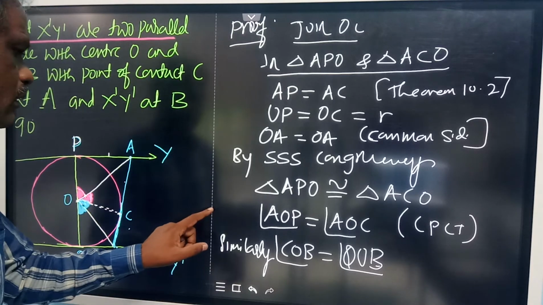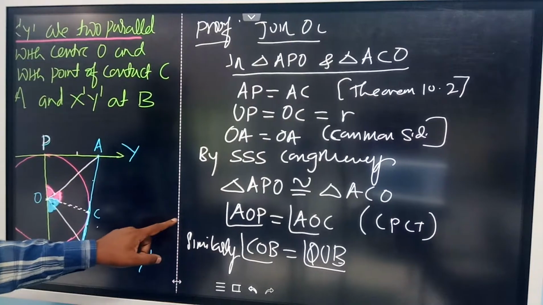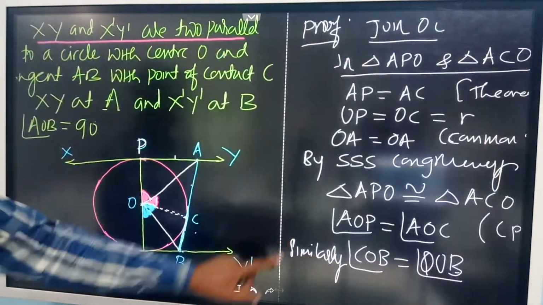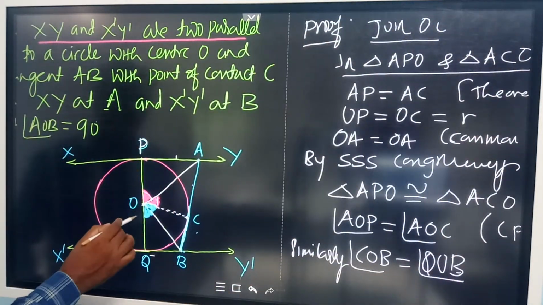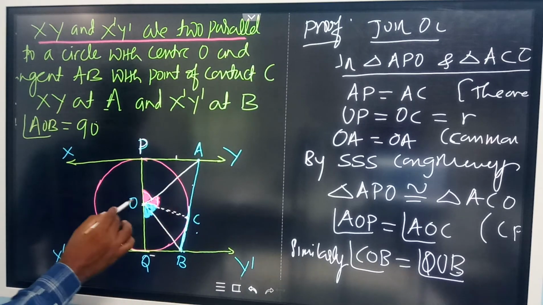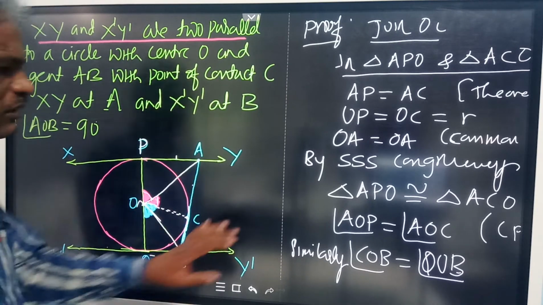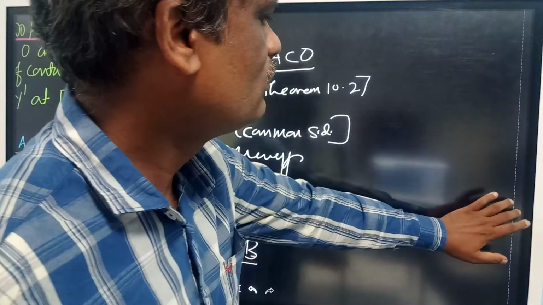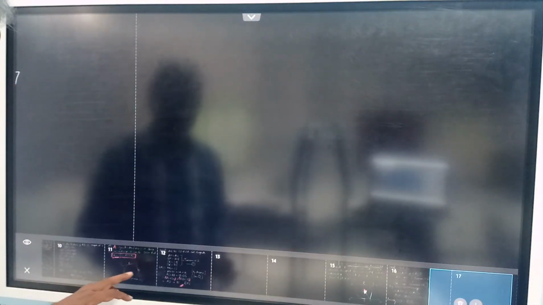Now you add all these four angles. Look at the diagram: angle AOP, angle AOC, angle COB, angle BOQ. If you add all these four angles, what happens? You have to look at the diagram to write this.